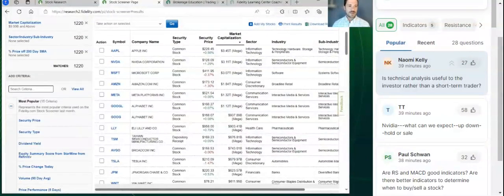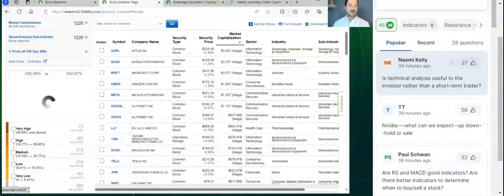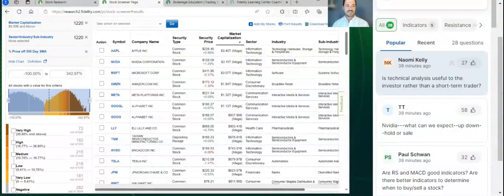I do like this as well. When we click on our 200-day moving average, price above, I can also see that universe of stocks and basically where the median zone is. You can see somebody over here at 342% above their current 200-day moving average. That's not too bad, but once again, that's already occurred.